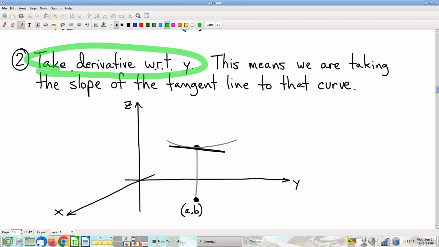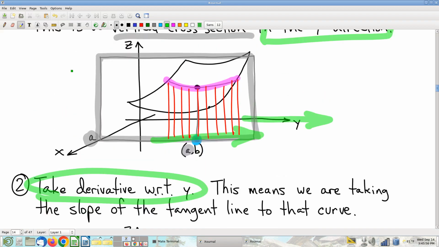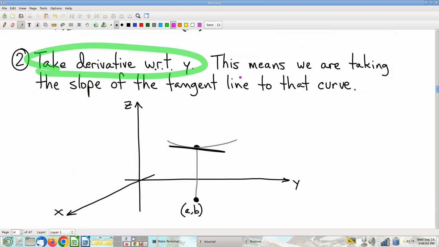And here's the thing. We just got through establishing that we're looking at the graph of our new single variable function. This curve, that cross section, is the graph of my single variable function. I want to take the derivative of that single variable function. What does it look like when you take the derivative of a single variable function when you're looking at the graph?